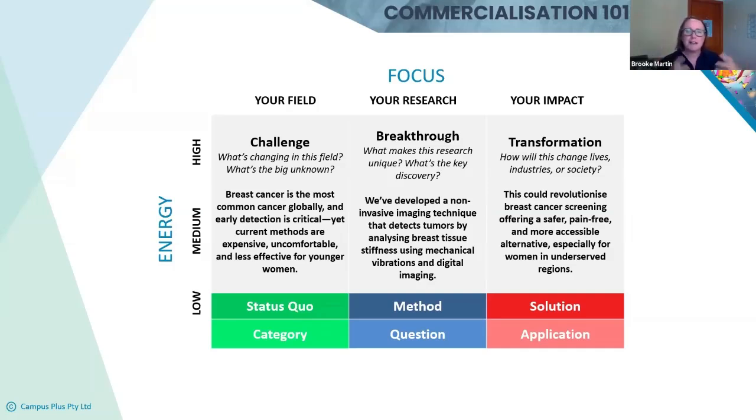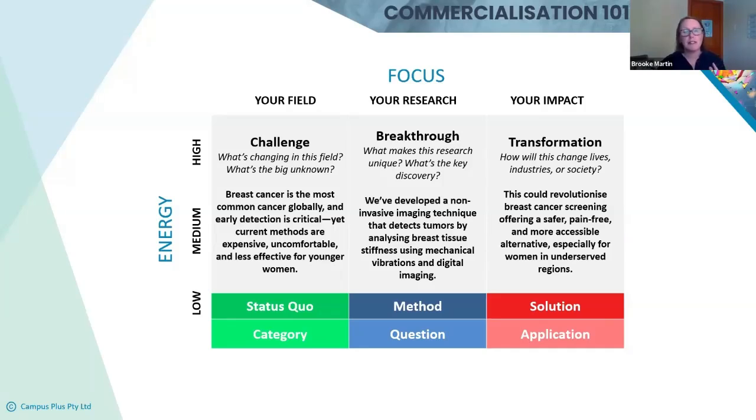So you can see the difference in presentation here. Now we're talking about how breast cancer is the most common cancer globally, but it's really uncomfortable and it's expensive to detect it early. And actually, those detection methods are really ineffective for younger women who have denser breasts. But the breakthrough of this technology is we're able to detect those tumors really early, even on dense breast tissue, by using a mechanical method that's non-invasive.